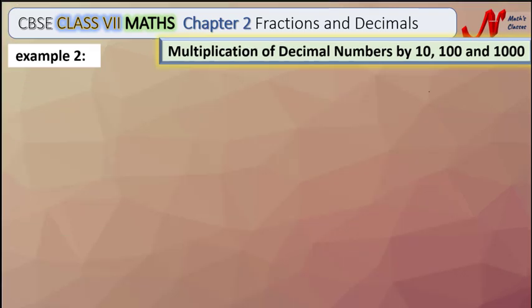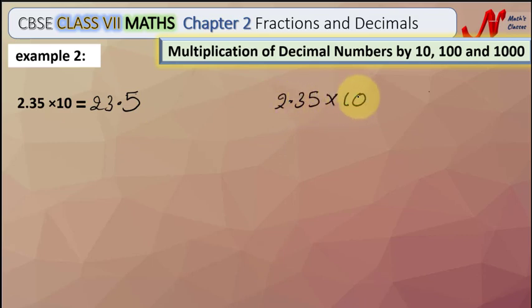Now we discuss some more examples about multiplication of decimal numbers by 10, 100 and 1000. For example, multiplication of 2.35 with 10, we can write it as 23.5. Because when multiplying 2.35 with 10, we have one 0 here, so we shift the decimal point one place to the right, so we can write it as 23.5.